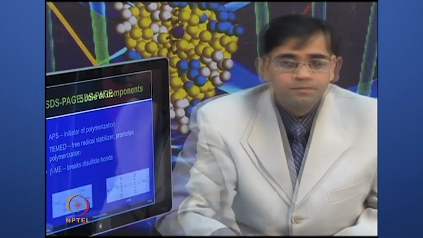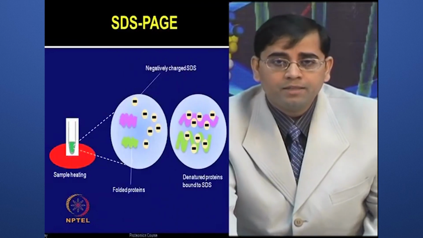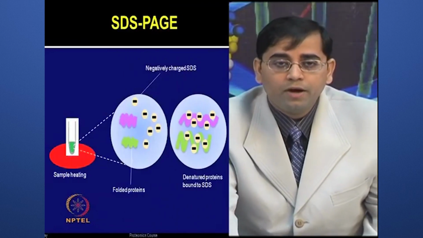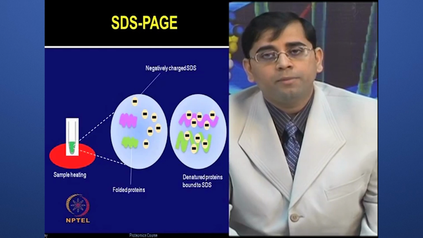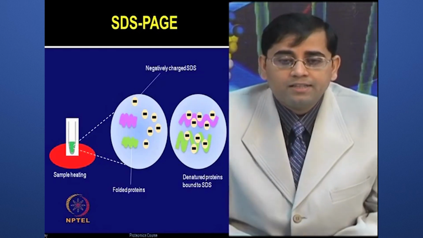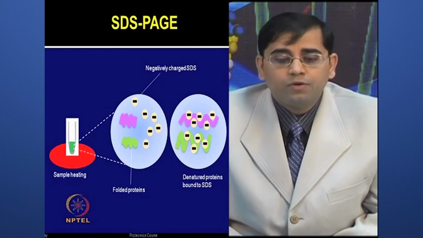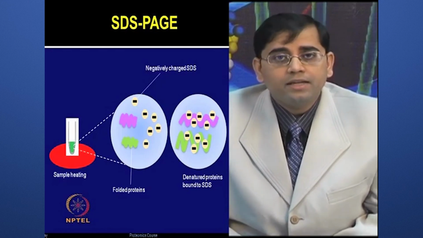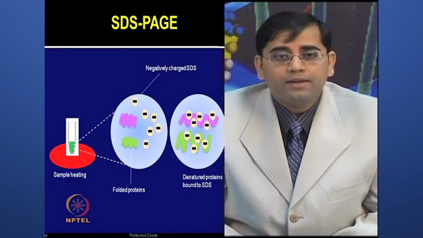Now, once this step is done, you need to boil your protein sample if you are performing a regular SDS page. The negatively charged SDS molecule will bind to the folded proteins. It will denature the protein and provide the negative charge.